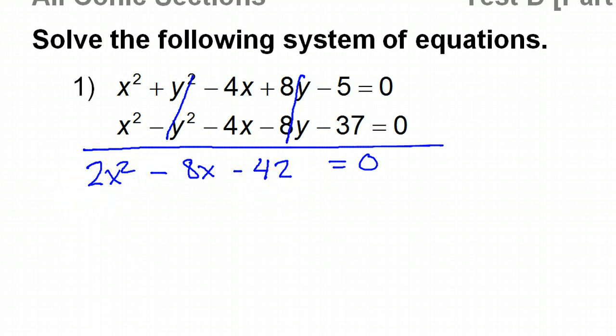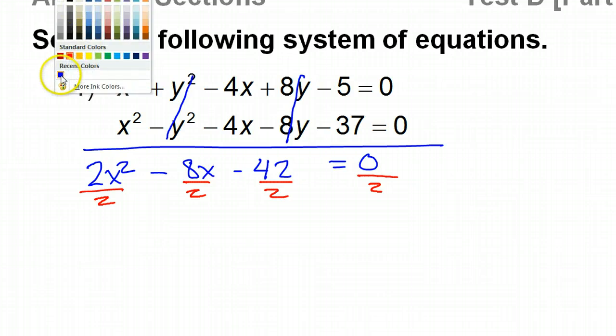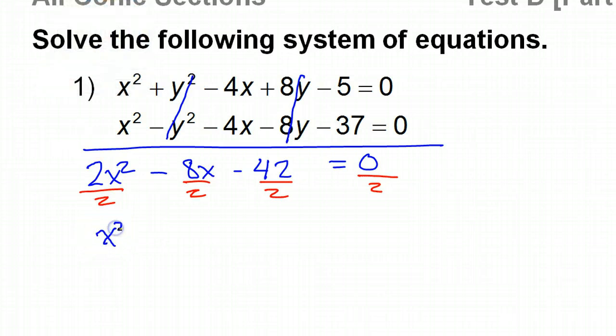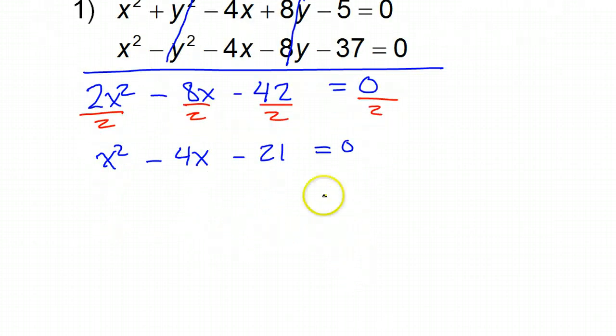I'm noticing a common factor, so let's just divide everything by 2. That's going to give us x squared minus 4x minus 21 equals 0. This is going to factor down for us. X squared is x times x. 21, I'm thinking 7 times 3.